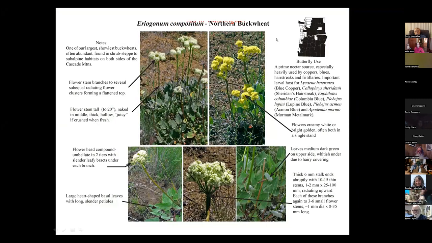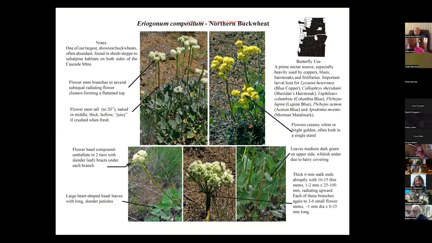And this is Eriogonum compositum, the northern buckwheat. This is one of our biggest and showiest buckwheats in Washington. It is an excellent nectar source for a number of different kinds of butterflies. It's also a larval host plant for, well, the list is in the upper right of your screen there.